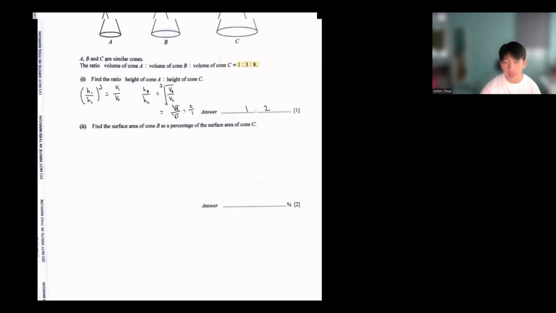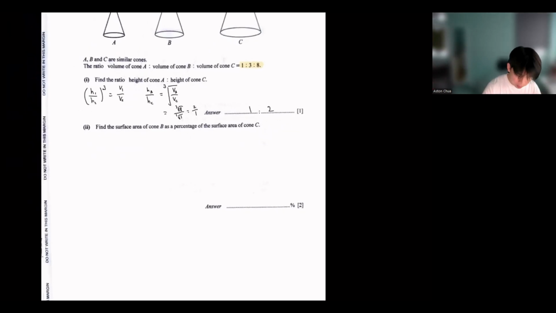Now for part 2. We know how to find the ratio of height now, but they want us to find the surface area of cone B as a percentage of the surface area of cone C. Firstly, we have to find their ratio of the surface area.